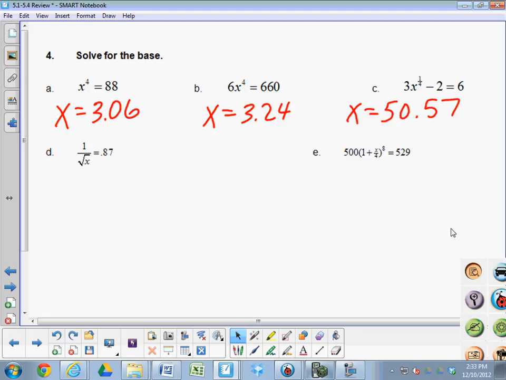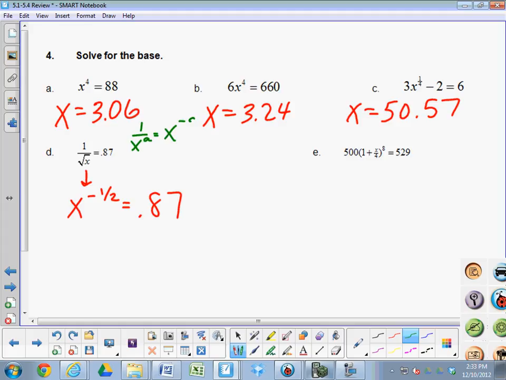In D, what you should do in this problem is, in my expert opinion, I would take 1 over the square root of x and rewrite it as x to the negative 1/2. So there are 2 rules sandwiched together there. One, if you have something in the basement, like 1 over x to the a, you could rewrite it as x to the negative a.